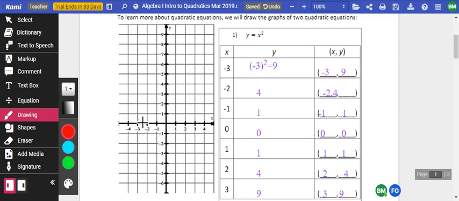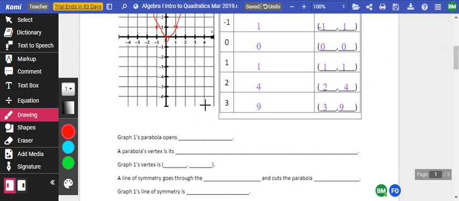At -3, we get 9. At -2, we get 4. At -1, we get 1. 0 is 0. At 1, we get 1. At 2, we get 4. And at 3, we get 9. And we get this fun, U-shaped graph. And that is a parabola.